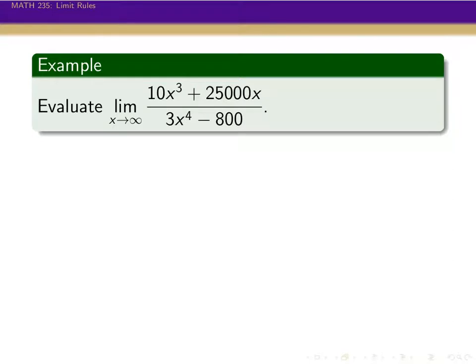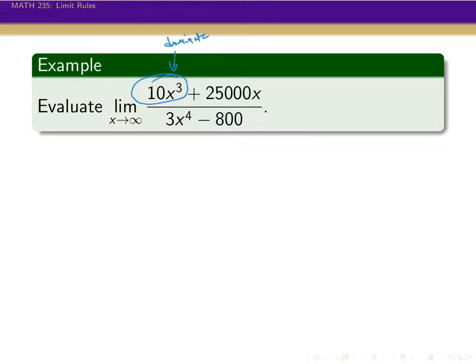Okay, so now let's look at this rational function. So we have the limit as x goes to infinity of 10x cubed plus 25,000x divided by 3x to the fourth minus 800. Right? So even though 25,000 is pretty big, especially compared to 10, as x gets really, really big, still the 10x cubed is going to dwarf off the 25,000x. So this is still the dominant term. The coefficients don't matter.